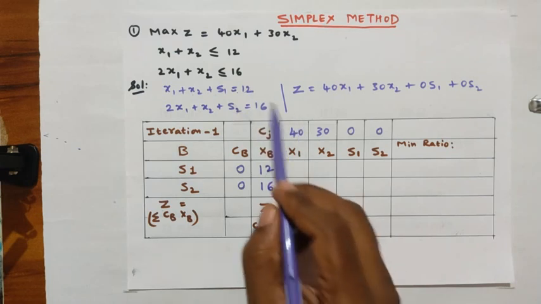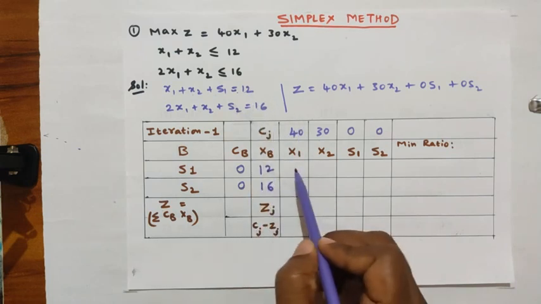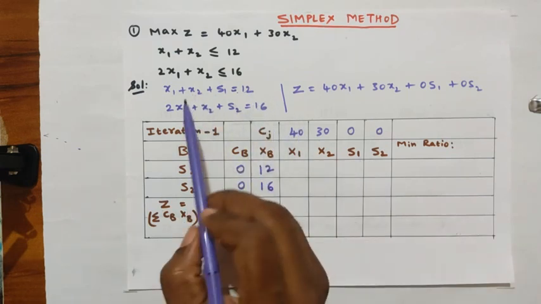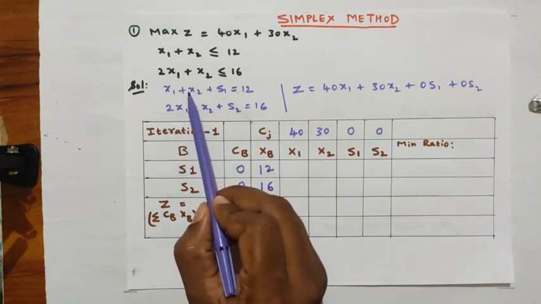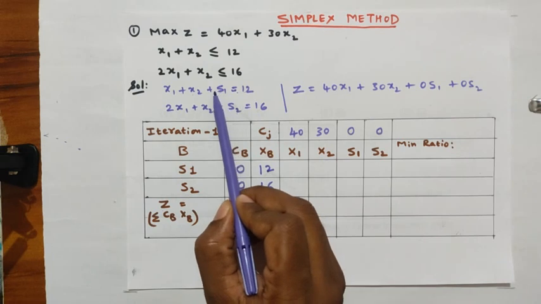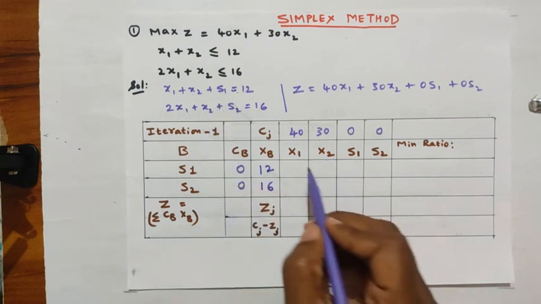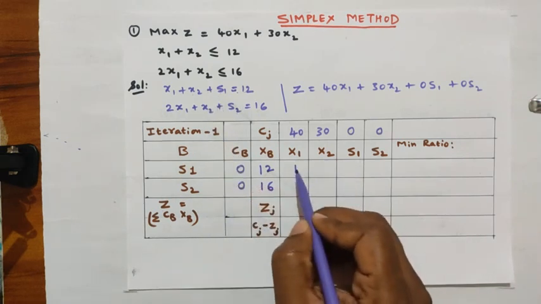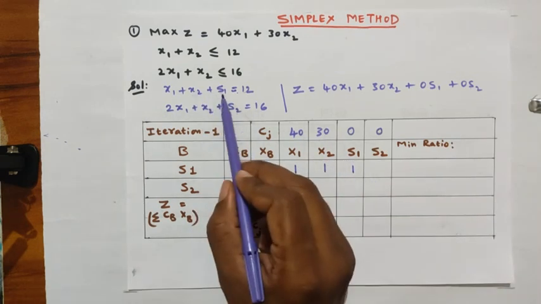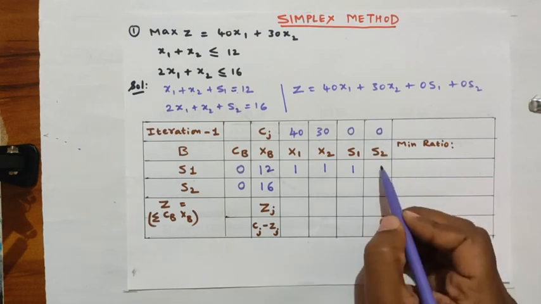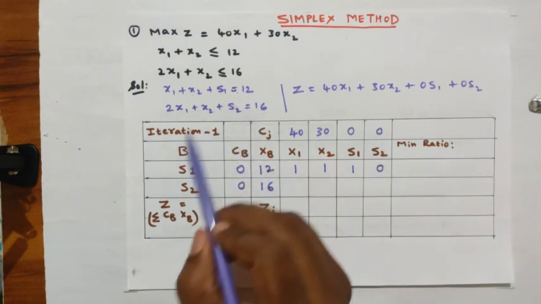Here x1 coefficient is 1, x2 coefficient is 1, s1 coefficient is 1. Here s2 is not there, that's why I am writing 0, that means plus 0s2.